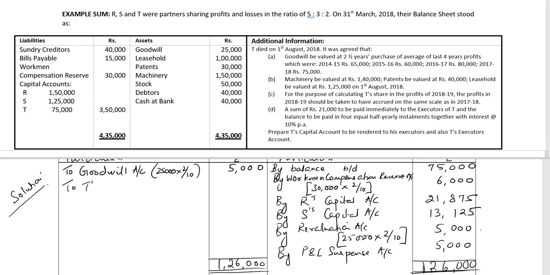To T's executor's account, balancing figure 1,21,000 rupees.